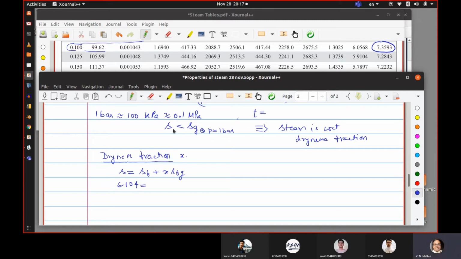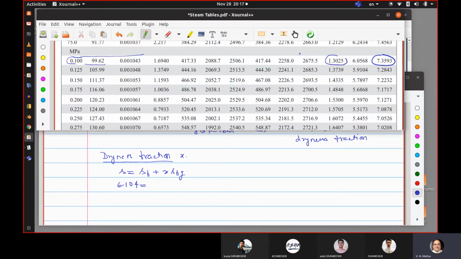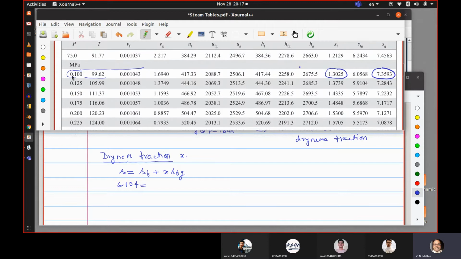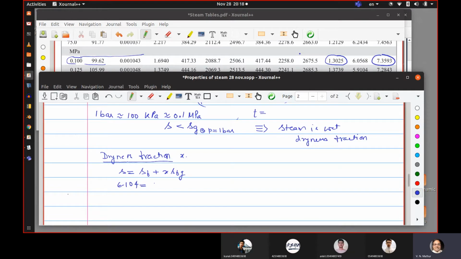Entropy corresponding to this pressure in fluid state is 1.3025. This is SF corresponding to 0.1 megapascal. So 1.3025 plus X into SFG, which is SG minus SF.